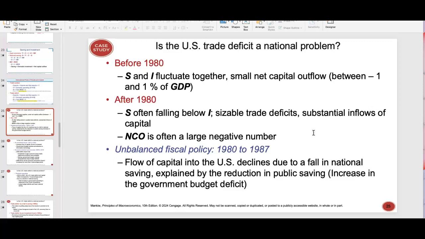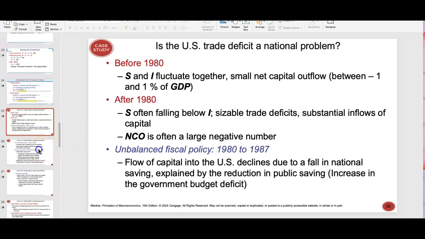All through the 80s, we had an increasing budget deficit, and that budget deficit had to be funded, right? And so that affected the trade deficit also, and we just had this negative net capital outflow.